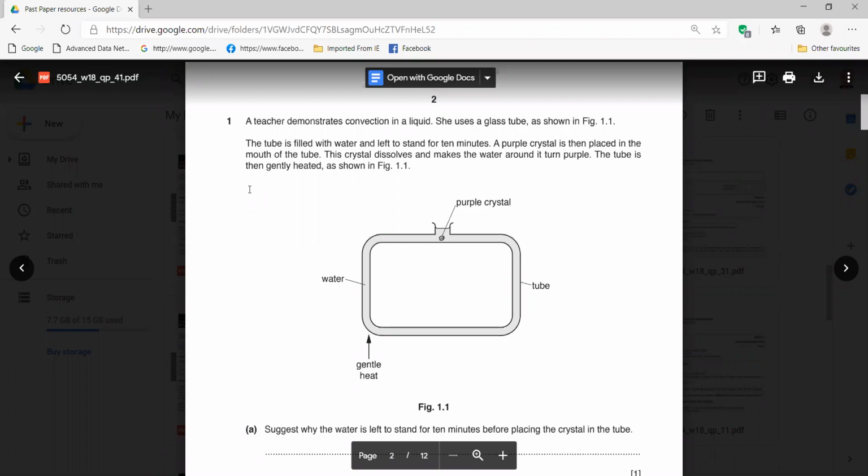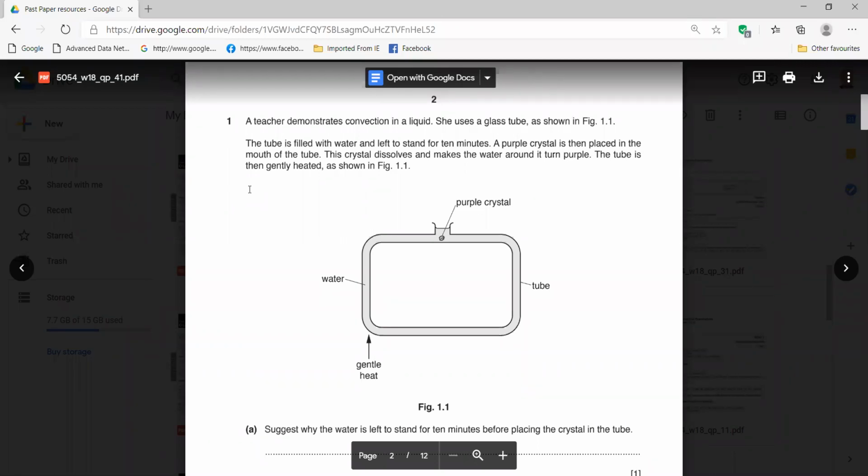Okay, now Jawad, can you read please? Sir, a teacher demonstrates convection in a liquid.